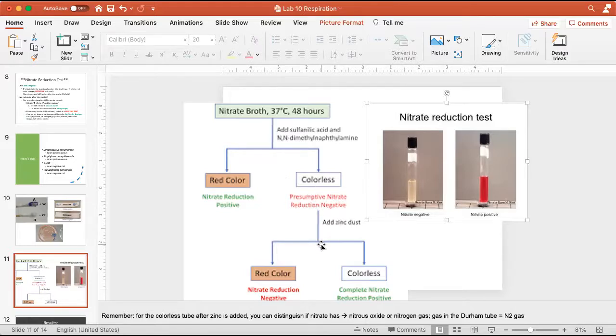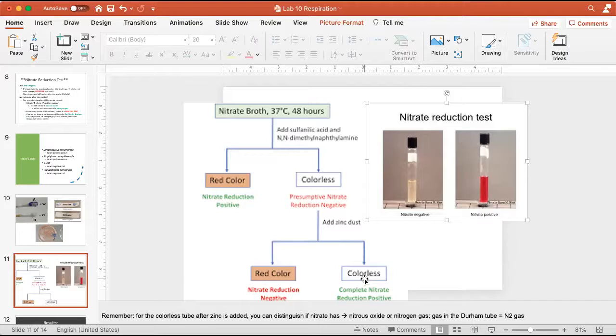When I add the zinc, if it turns red, that's a negative test. The microbe was not able to reduce the nitrate. The zinc did it. The zinc took the nitrate that was still in that tube after 48 hours and it reduced it to nitrite. That's what made the tube red. If you add the zinc and the tube stays colorless, that is a positive result for nitrate reduction.